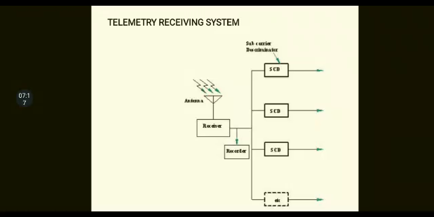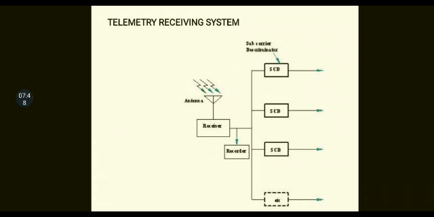Like the transmitting system has transmitted 3 parameters, for example, acceleration, temperature, and pressure, say. Now here discriminator 1 is capable of filtering only pressure. In the sense, the signal related to pressure will be understood by this subcarrier discriminator. That oscillator will be sending the pressure signal.